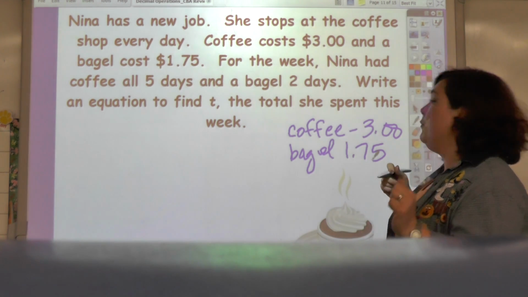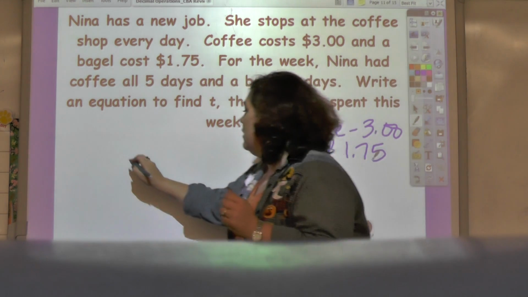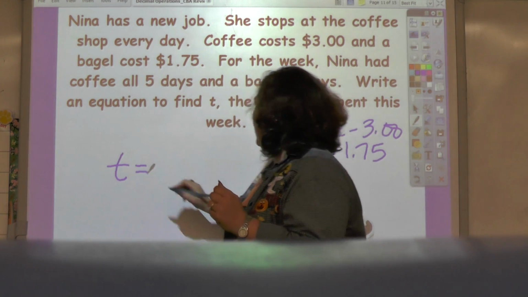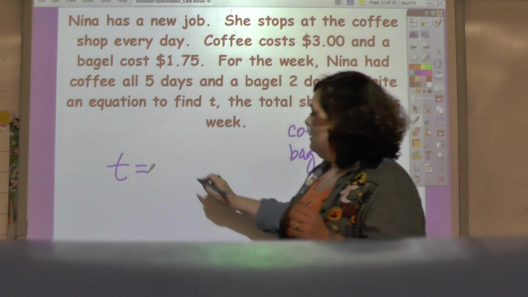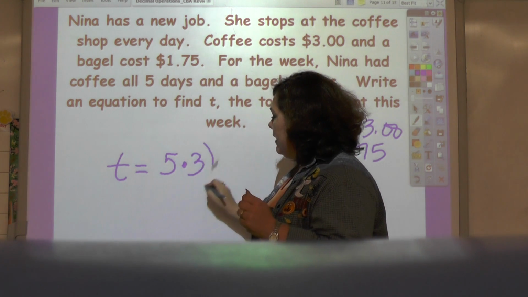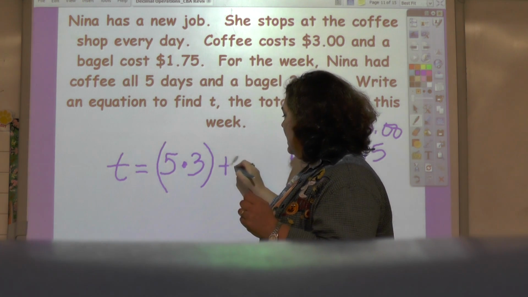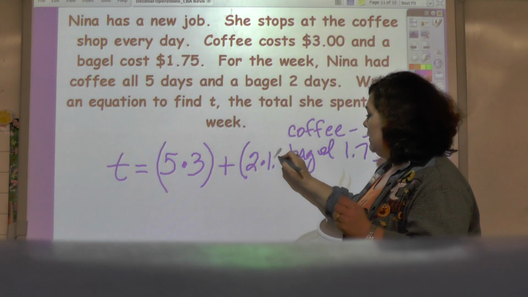So there's 5 days in a work week, and she has a bagel for 2 days. Write an equation to find T, the total amount that she spent this week. So it's going to be 5 days times the coffee of $3, and I'm going to add to that the 2 days times the bagel, which is $1.75.